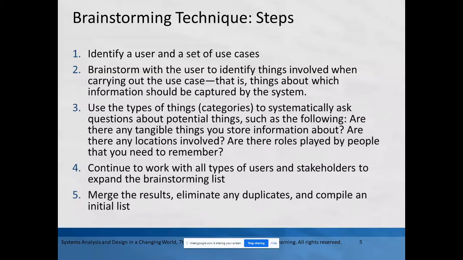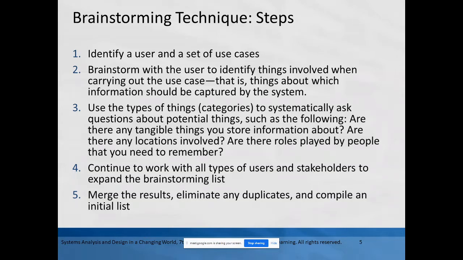And it does talk about some systematic approaches, in terms of following up with questions when you're talking to the user. Specifically, are there tangible things that you store information about? Are there locations? Are there roles? So these categories that the last slide identified are kind of the starting point for these follow-up questions that you would do with the users. And you'd have to do it with all of the actors, users, stakeholders, to really expand this list and get more and more things that might be domain classes or entities.